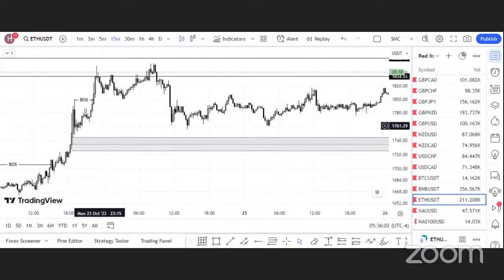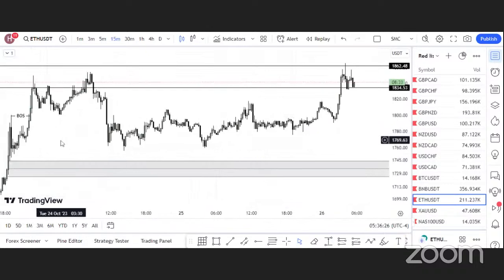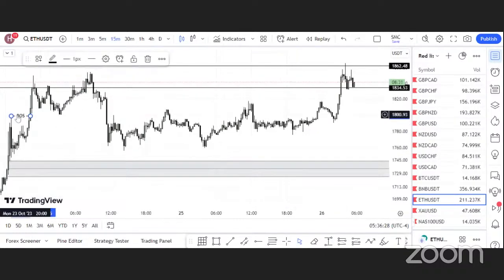So when we have a new change of character, the market would sometimes not want to come back to this gap. Okay, not that it's not going to come back to it later, because there are gaps there, so the market will still later go back there to fill those gaps, but it might be later than you expected. So we have a break of structure here.